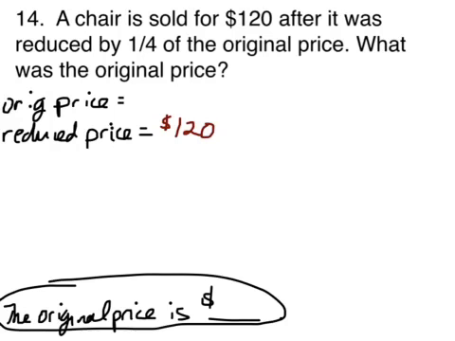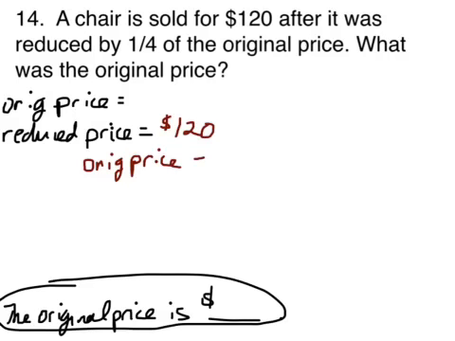You go in a store and you look at a tag on this chair, and it had an original price, and it was marked down, and the markdown price is this $120. So do you agree with me that the original price minus, wait, let me think about this.